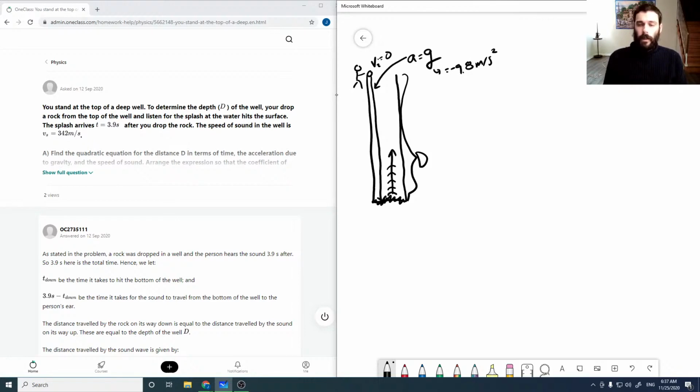And the speed of sound that we're going to use for the sound waves is 342 meters per second. Okay, so we drop the rock and we listen for the sound waves to come back up, and the full time takes 3.9 seconds. So that's our T total.